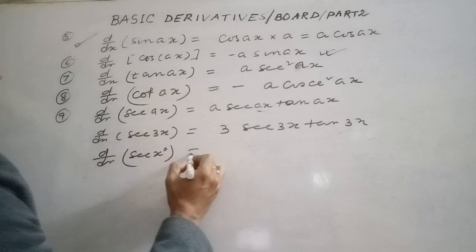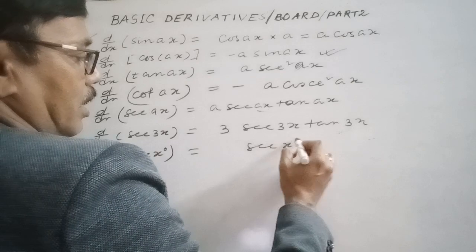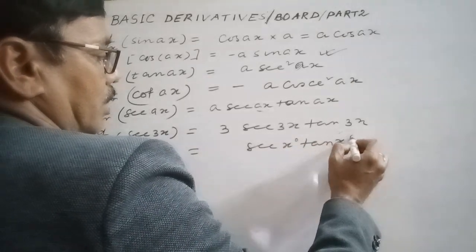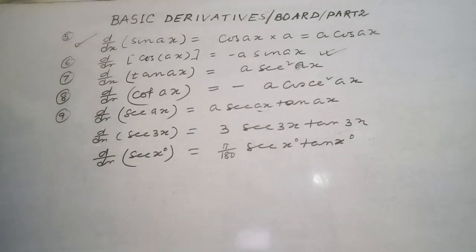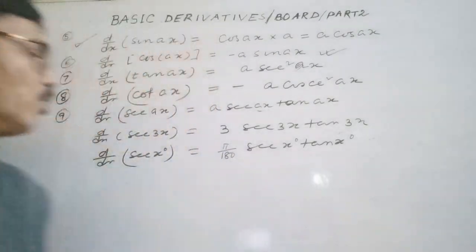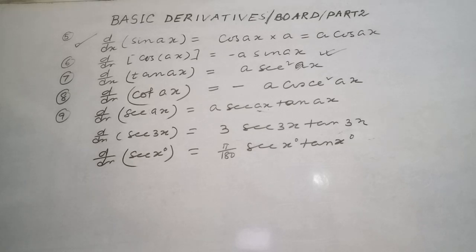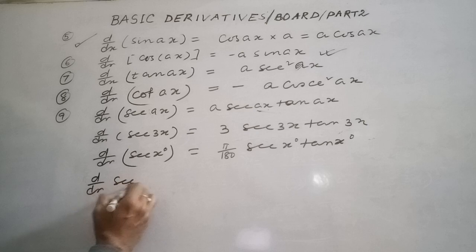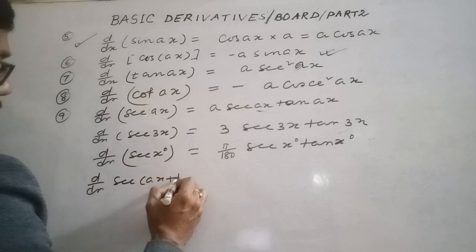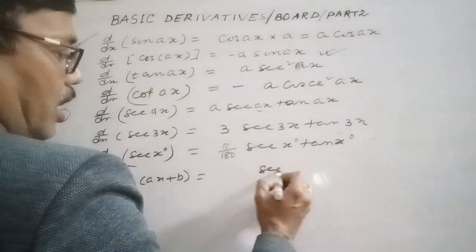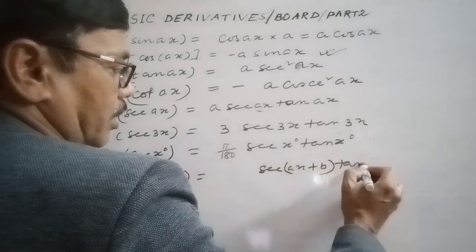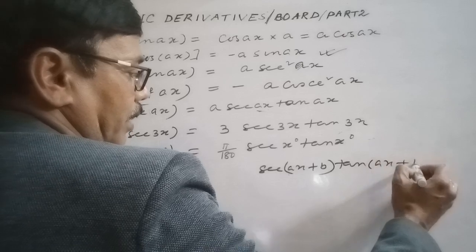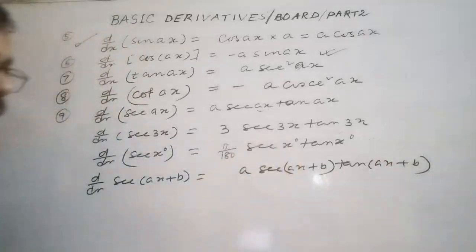For x degree, sec x degree tan x degree into pi by 180. And in general, d/dx of sec(ax plus b) is sec(ax plus b) tan(ax plus b) into a.